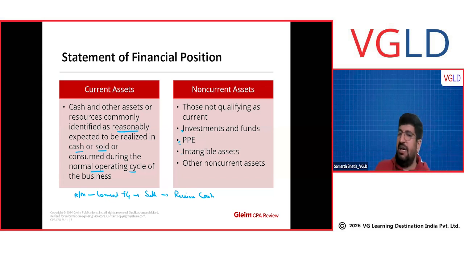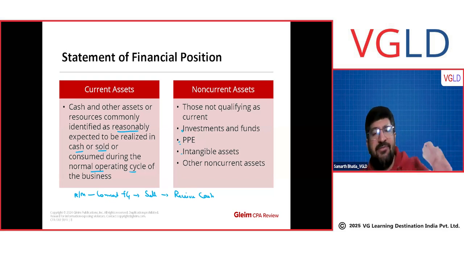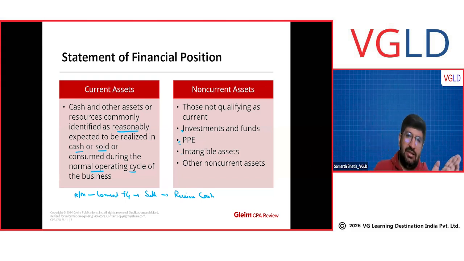In any case, practically it is impossible that inventory will be kept for 15 months, so inventory will remain in the company for less than 12 months only. But even if the inventory is kept for more time, most probably it will remain a current asset.